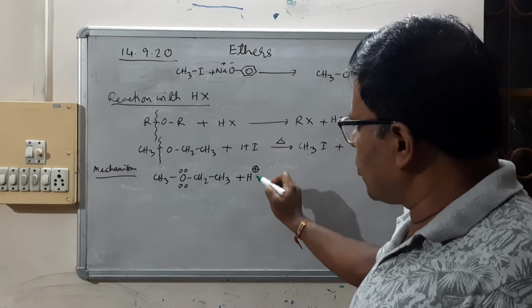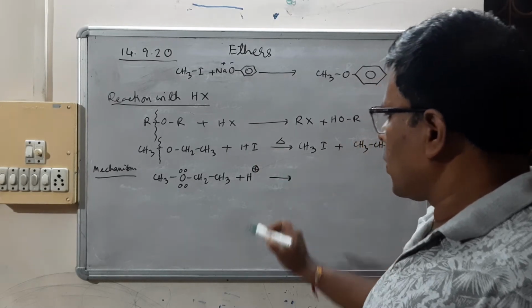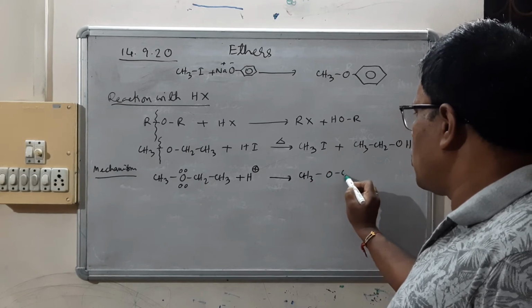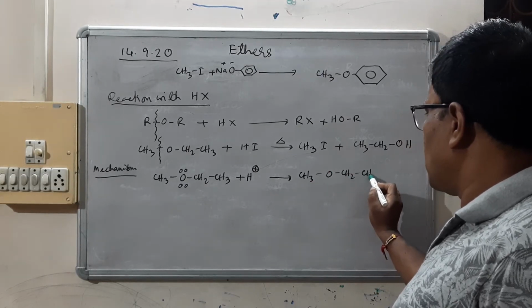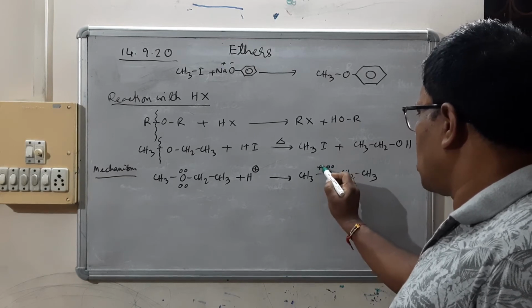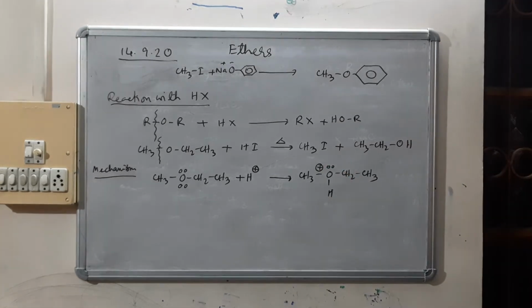This HI will supply the proton, and CH3O(H+)CH2CH3 will be formed in the first step.